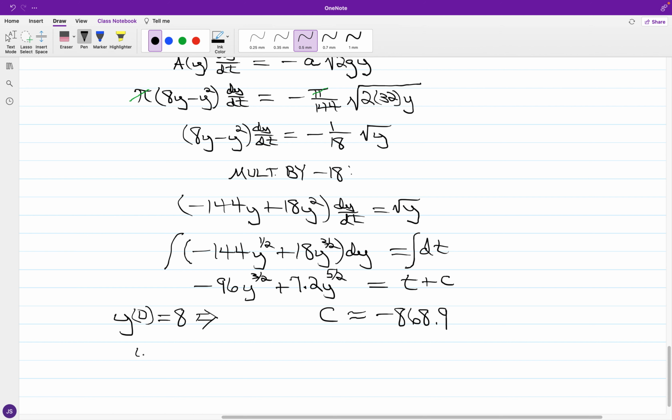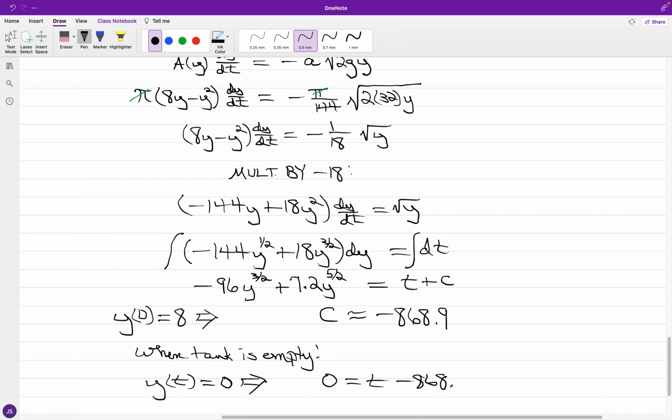And by the time that the tank is empty, okay, so you have y of t equal to 0. So with y at 0, we have 0 is equal to t minus 868.9, since we had the value of the constant to be negative.